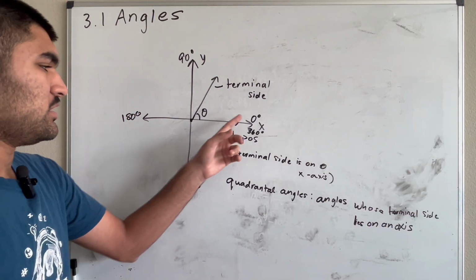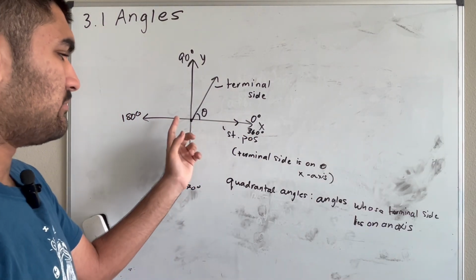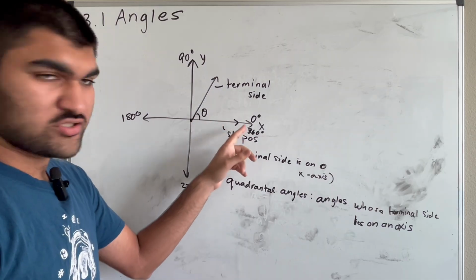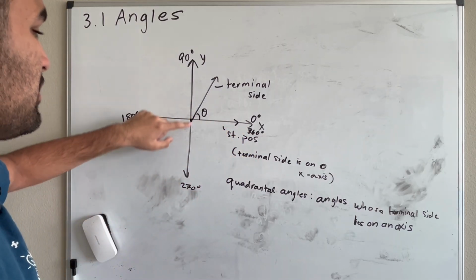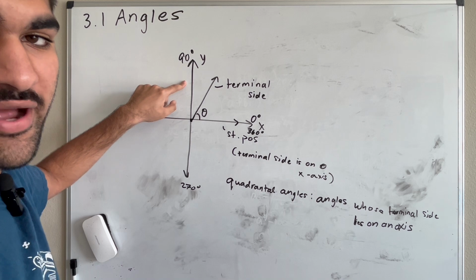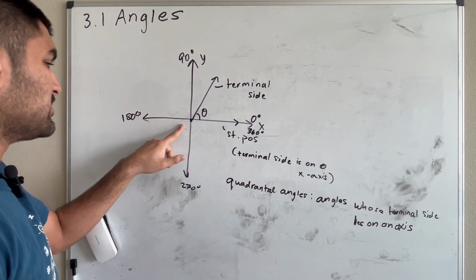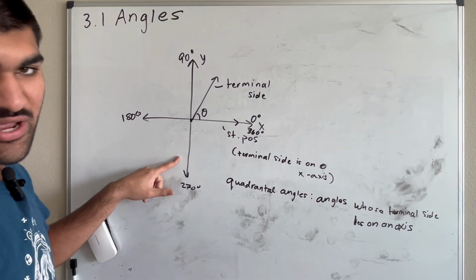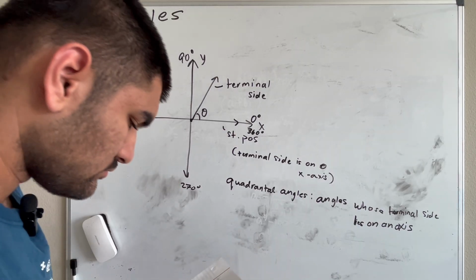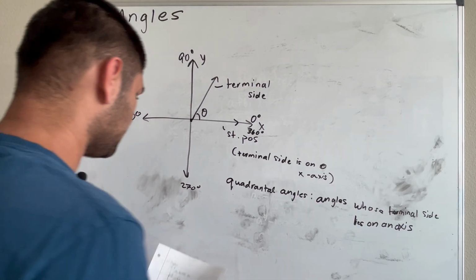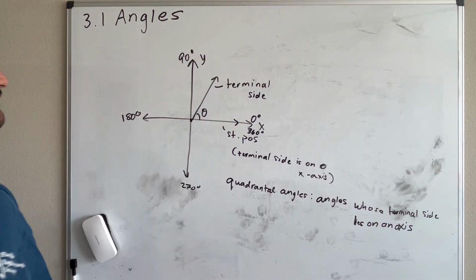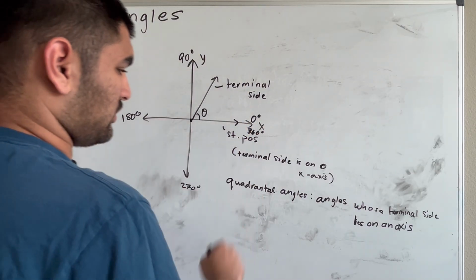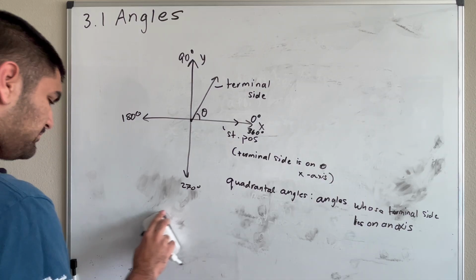So, for example, 0 degrees and 360 degrees both have the terminal side on the positive x-axis. 90 degrees, the terminal side lies on the positive y-axis. 180 degrees, it lies on the negative x-axis, and 270 degrees, the negative y-axis. Alright, good. So now, with that vocab in mind, we can do some practice problems.